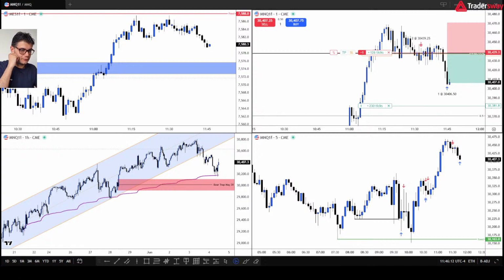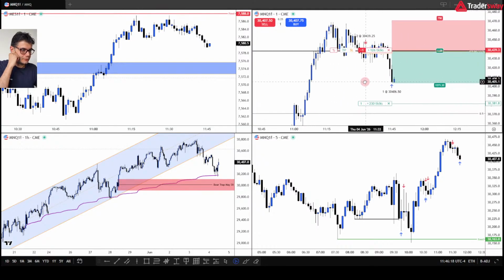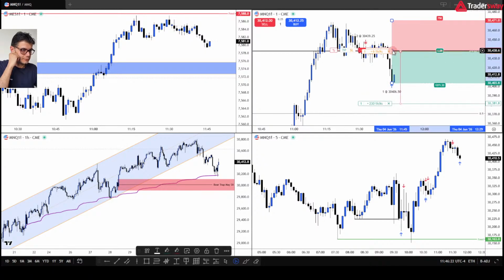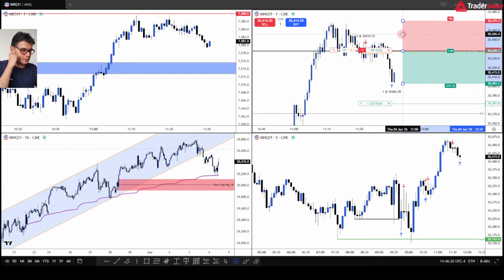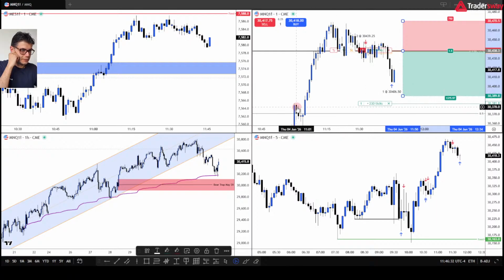Okay, one-to-one is taken. Stop to break even. For the second one, let's see. Let's push this a bit down. For the second one, I don't want to struggle and fight these bearish candles.